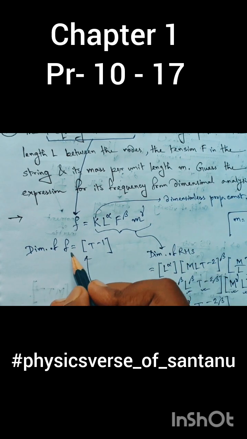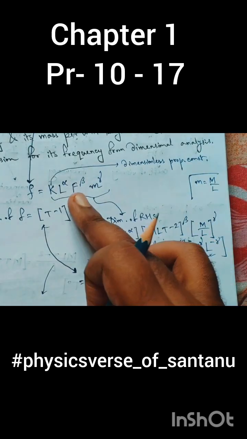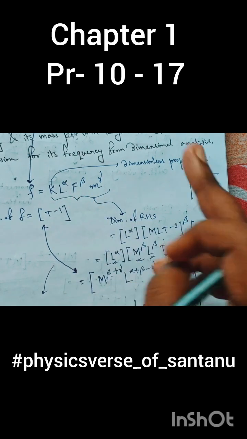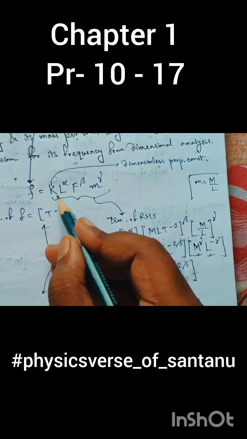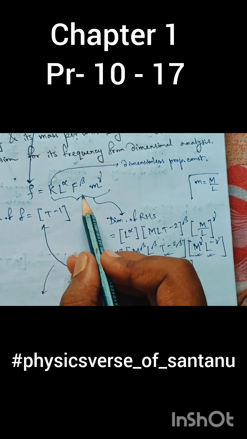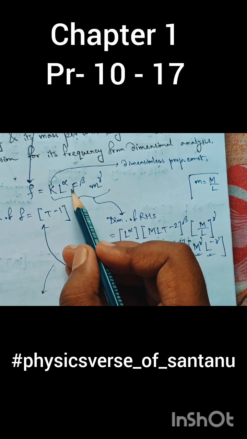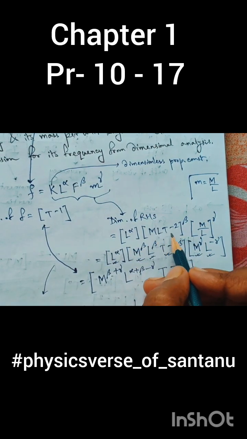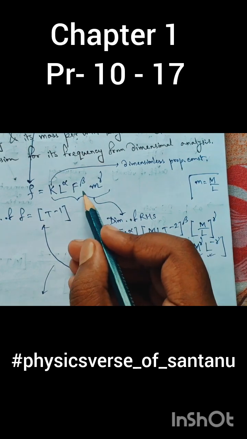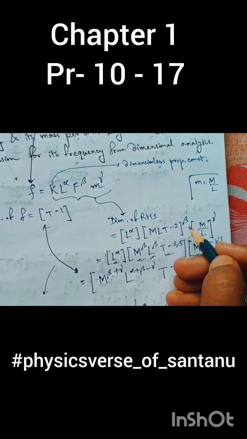And we know the dimension of f is T⁻¹, since it is the inverse of time period. And we have to write down the dimension of the RHS, that is right hand side. L to the power alpha for length, F's dimensional formula is MLT⁻², and F to the power beta is therefore MLT⁻² whole to the power beta.